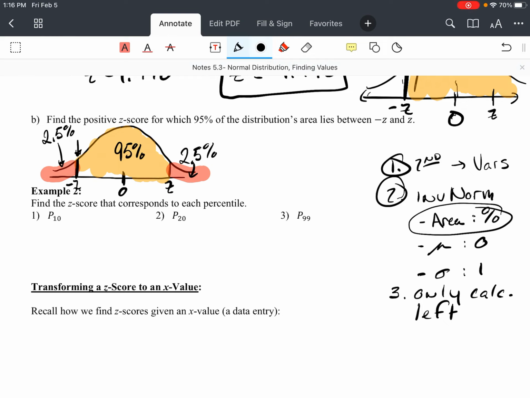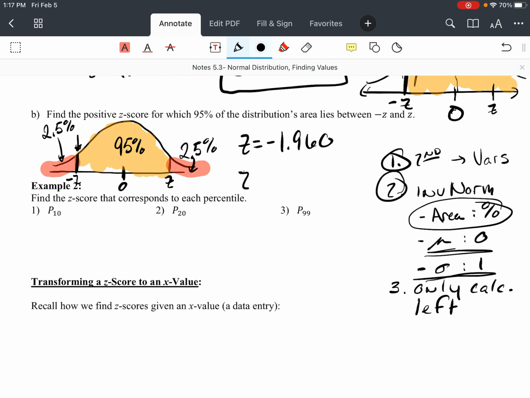Let's calculate the negative z-score, and we'll change it to the positive z-score. Let's put in for the area 0.025, and then we're going to leave the other two alone, so it should still be 0 and 1. Then you click enter, and you get out a z-score of negative 1.960.